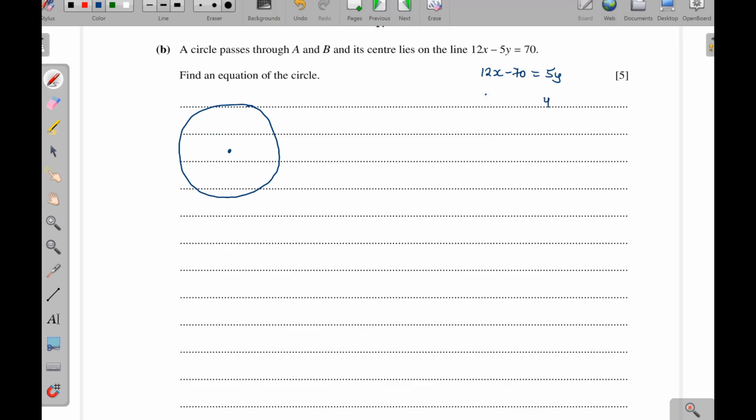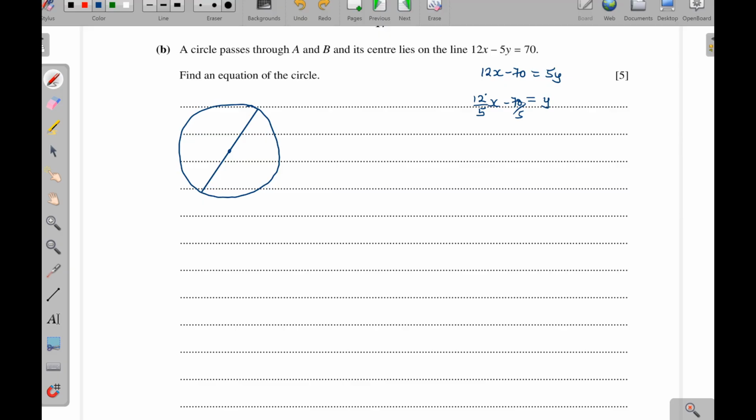So y will be equal to 12 over 5 of x, and then minus 70 over 5. So this one is a positive gradient, the coefficient of x. So this line can slant like that, because lines which have a positive gradient slant like that. The ones which are negative slant like that. Not so?